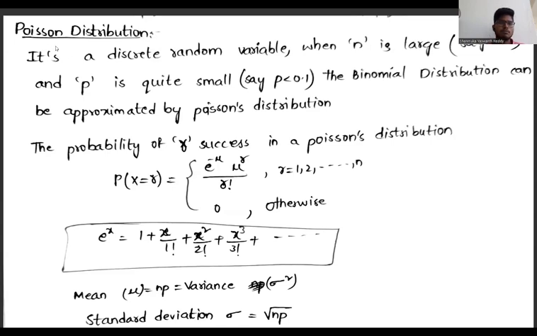First of all, Poisson distribution is also a discrete random variable distribution.